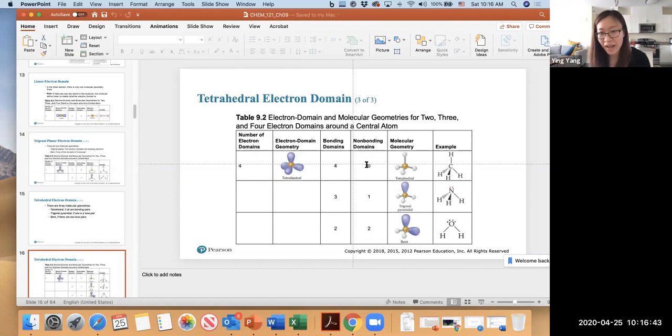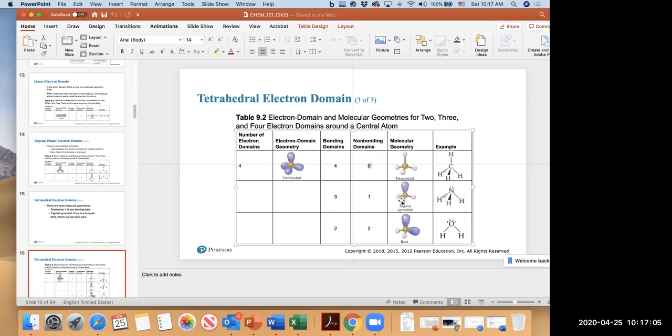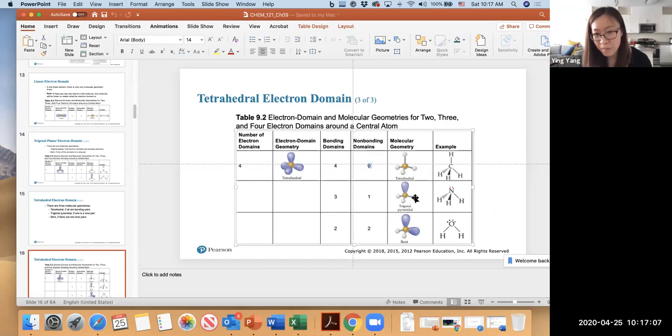When you don't have any non-bonding domains, meaning all these electron domains overlap with orbitals of other atoms to form a bond, then the molecular geometry is the same as the electron domain geometry. In this case, for example, it's only bonded to 3 atoms. So it has 1, 2, and 3 bonding domains, and 1 non-bonding domain. Then we have a trigonal pyramidal shape for this molecule.